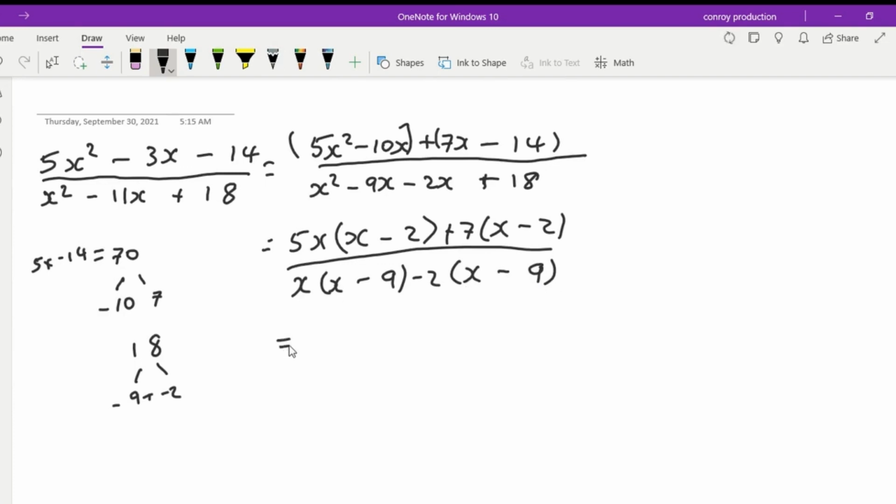So we're going to come down here now. We have a 5x plus 7 outside the bracket. We're going to put that in a bracket by itself, 5x plus 7. We have the two of the same term. We're going to keep one, x minus 2. Down here we have x minus 2 outside the bracket, and x minus 9.